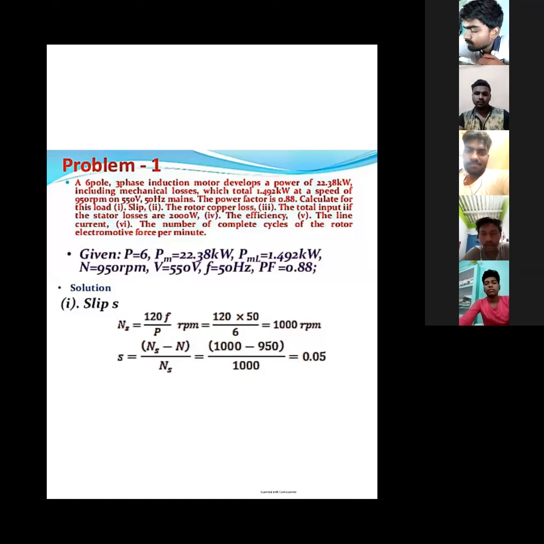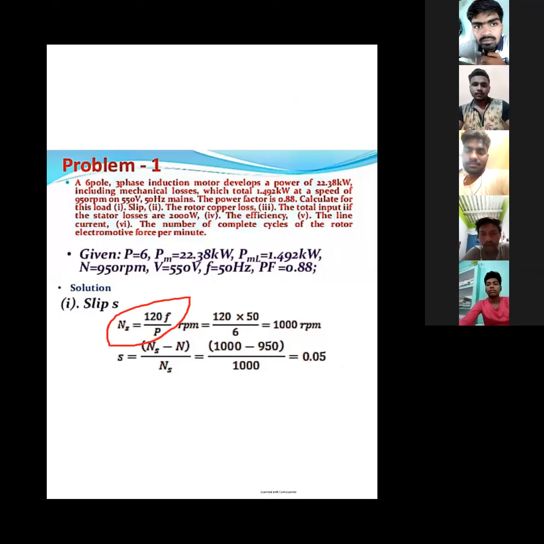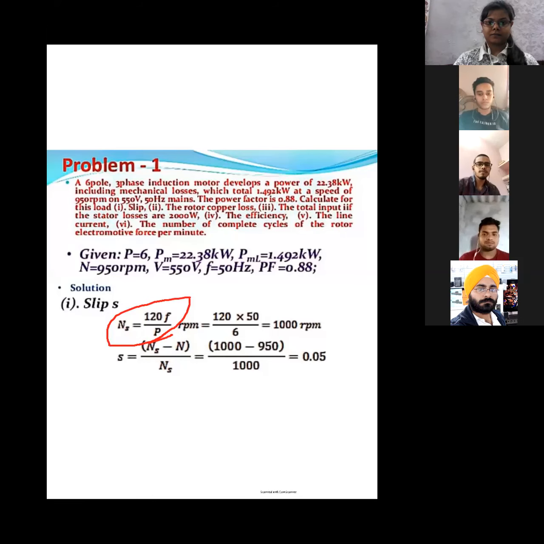The speed of the rotating magnetic field is the synchronous speed, whose mathematical formula is Ns is equal to 120 F by P, where F is the supply frequency and P is the total number of poles.